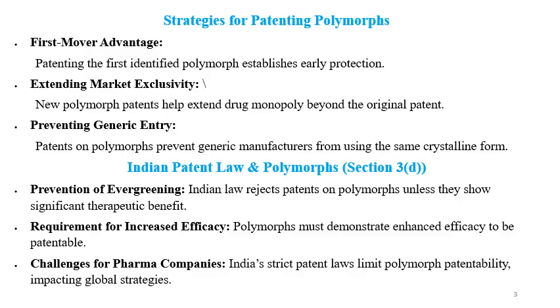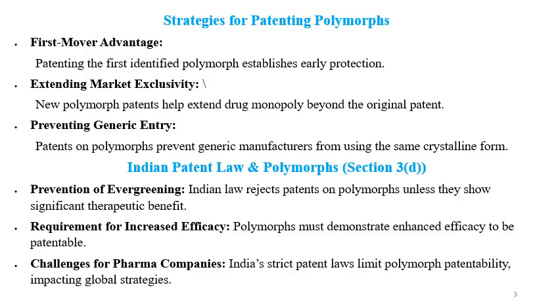Sometimes the new chemical entity is patented, and after that the new polymorphic forms are patented. Then patenting the polymorphs can help to prevent or delay generic applicants' entry, or delay the generic product entry into the market.